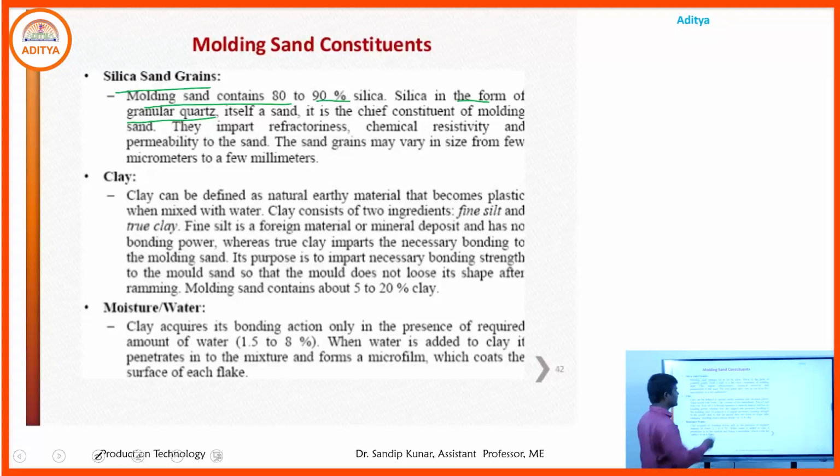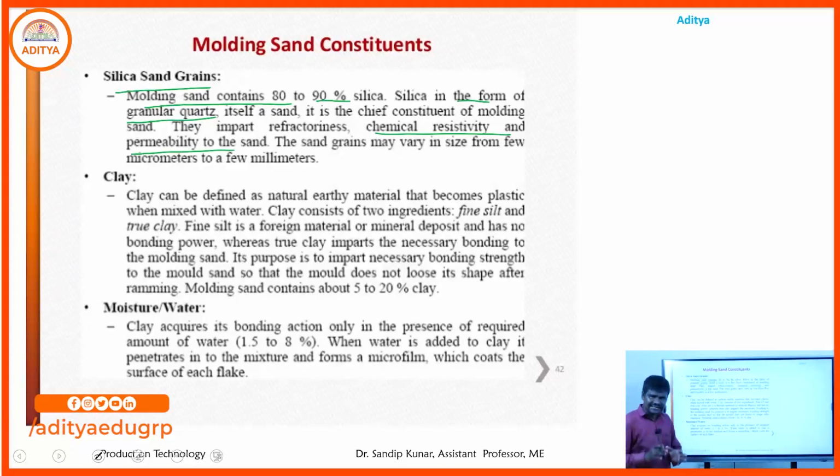The chief constituent of the molding material, silica, has the most important properties: refractoriness, chemical resistivity, and permeability.